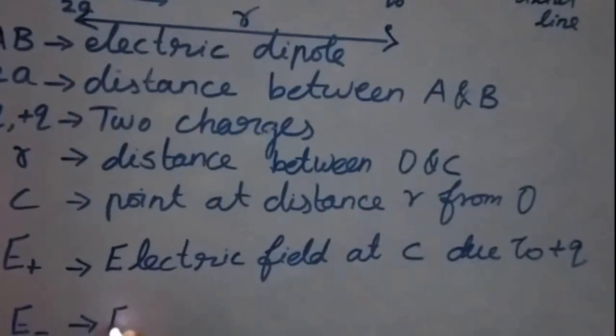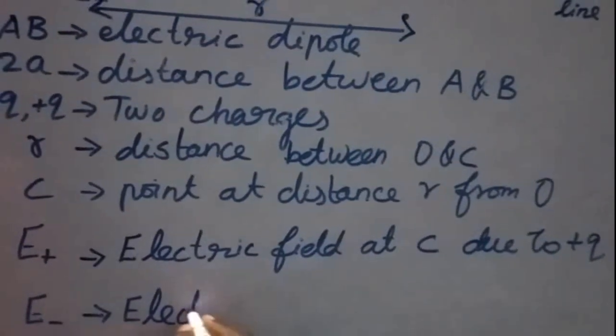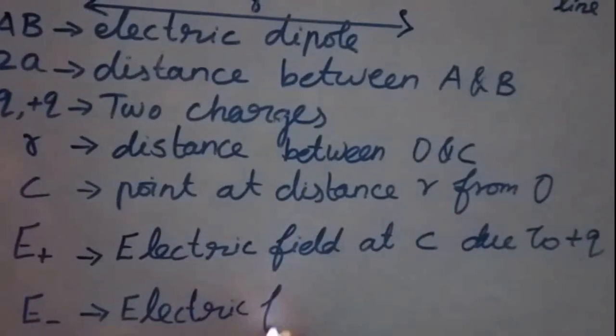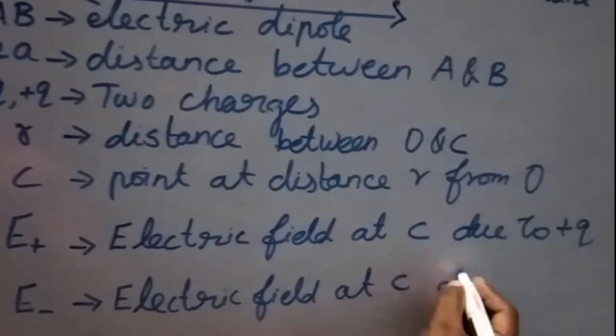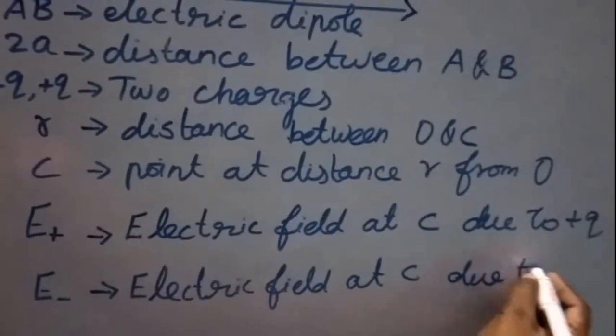E minus is the electric field at C due to minus Q.